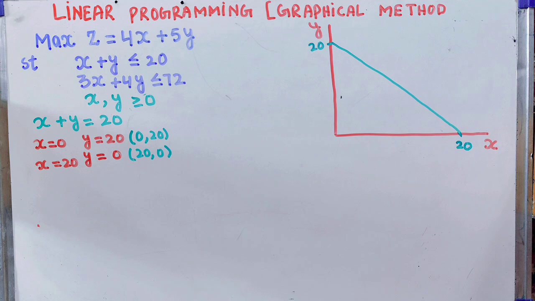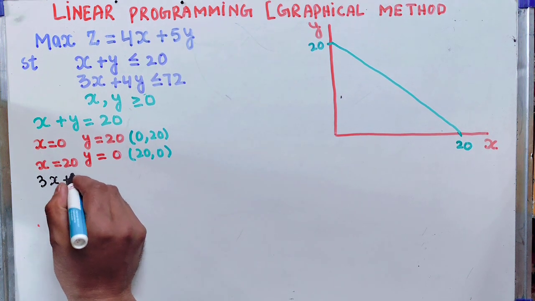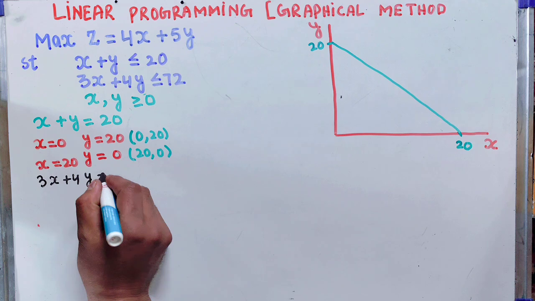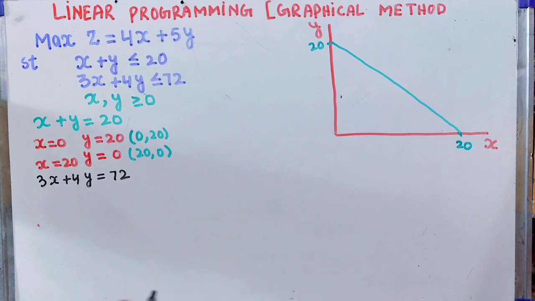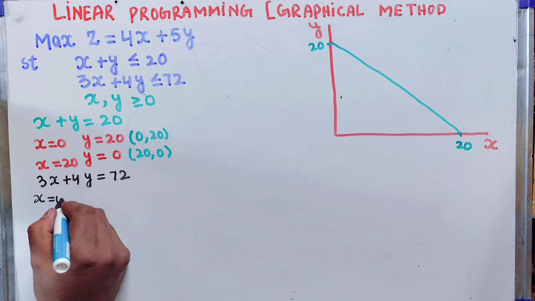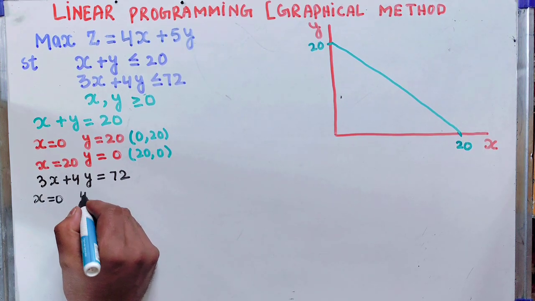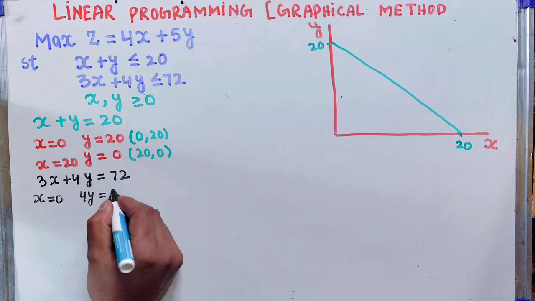Now we have the second constraint. For that, let me pick another color. So we have 3x plus 4y is equal to 72. Again solving, when x is equal to 0, that means this term is equal to 0, which implies 4y is equal to 72.